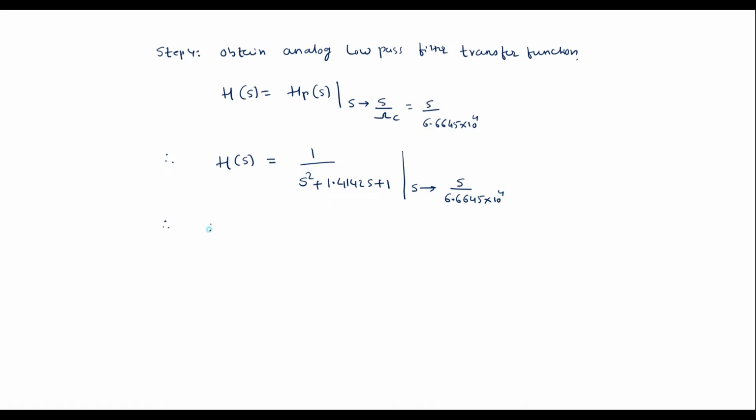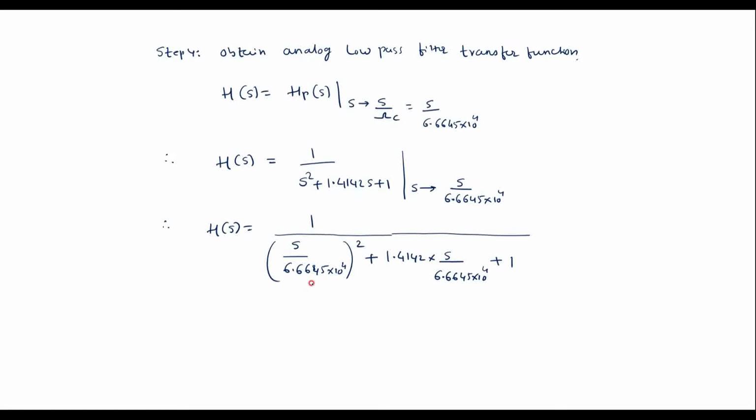So now I will try to simplify this. H of s is equal to 1 upon s divided by 6.6645 into 10 power 4 whole square plus 1.4142 into s divided by 6.6645 into 10 power 4 plus 1.